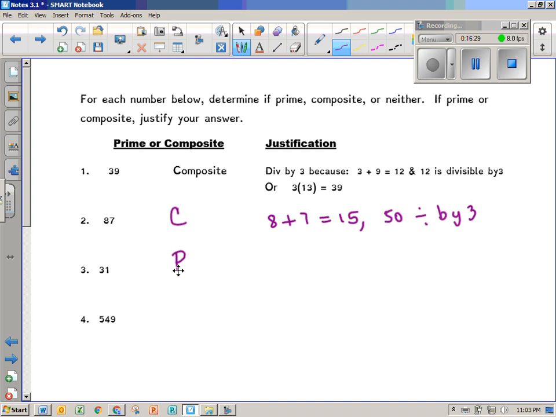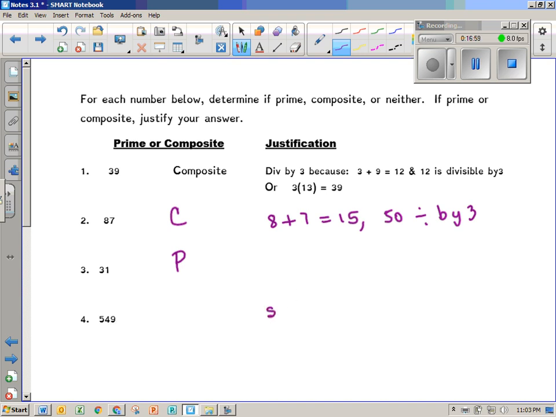You've got to be really careful about trying to quickly decide if something's prime or not when it starts getting bigger, something like 549 right here. So we would just have to try some different things. I'm not quite sure if it is or isn't, but it's not divisible by 2 because it's not even. Let's see if it's divisible by 3. 4 and 5 is 9, plus 9 is 18.